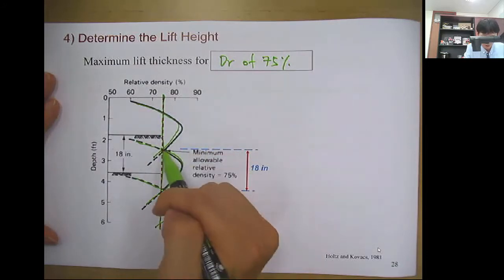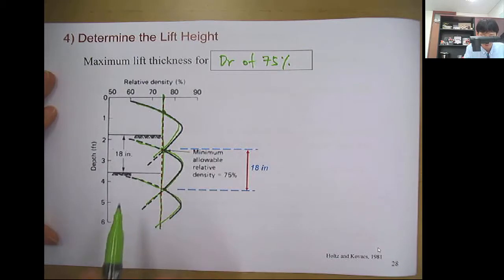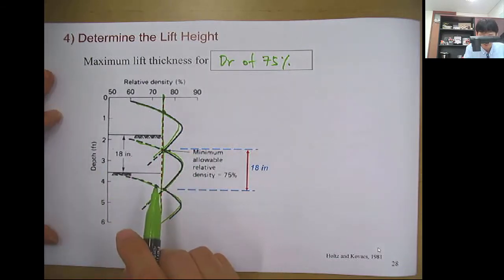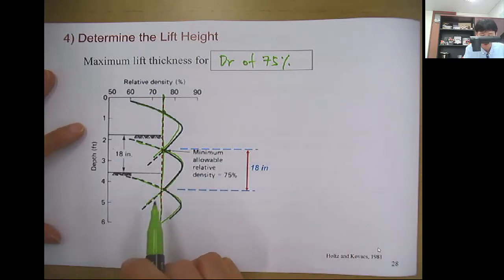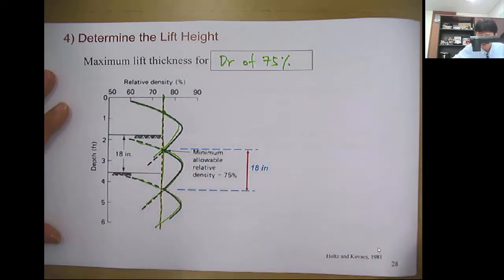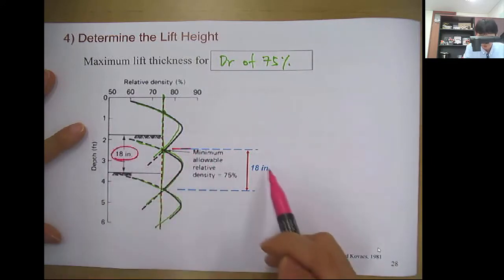So then here the intersection should be larger than the 75, and this gives you the maximum lift thickness for that. So here in this case, it's about 18 inch.